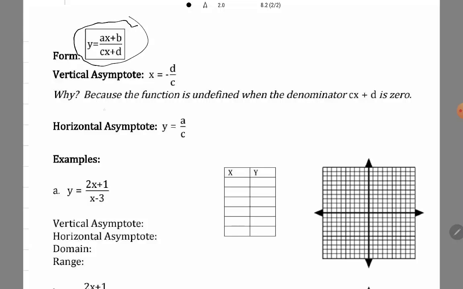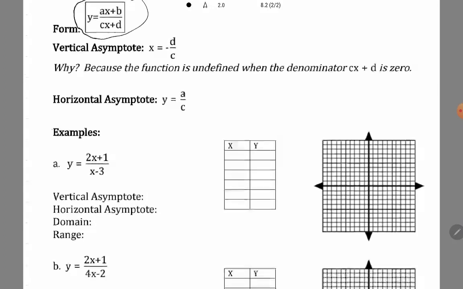For the vertical asymptote, that would be setting the denominator equal to 0. We can't have a 0 in the denominator, so that's where our vertical asymptote is. And our horizontal asymptote is y equals a over c.